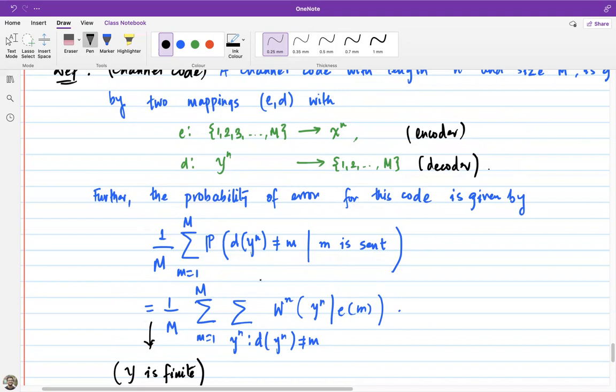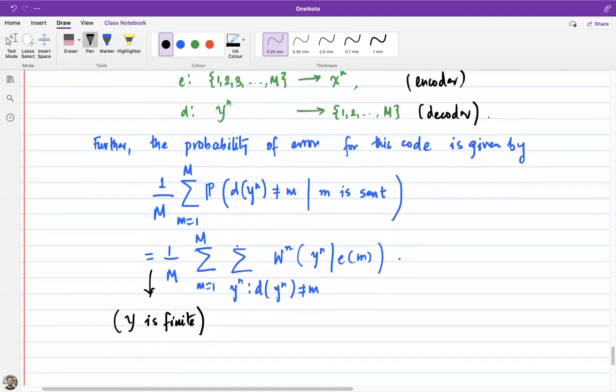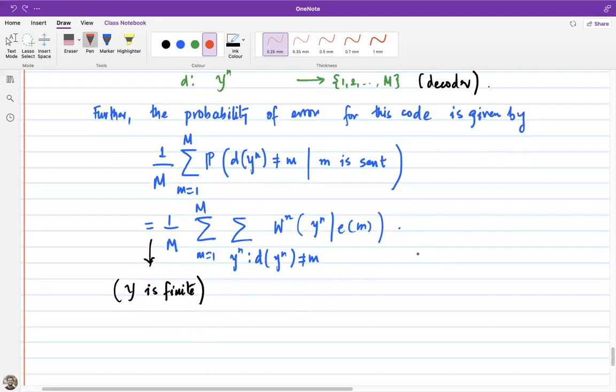Therefore, we want this probability to be small. Essentially, for our control, we want this probability to be less than epsilon. So here the goal is that this particular error is smaller than epsilon. This is our goal.